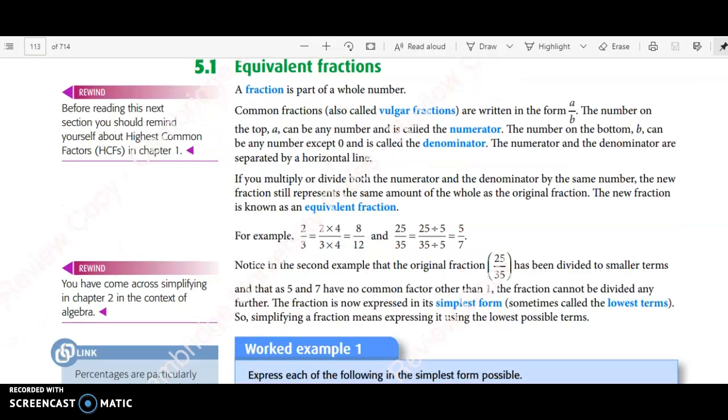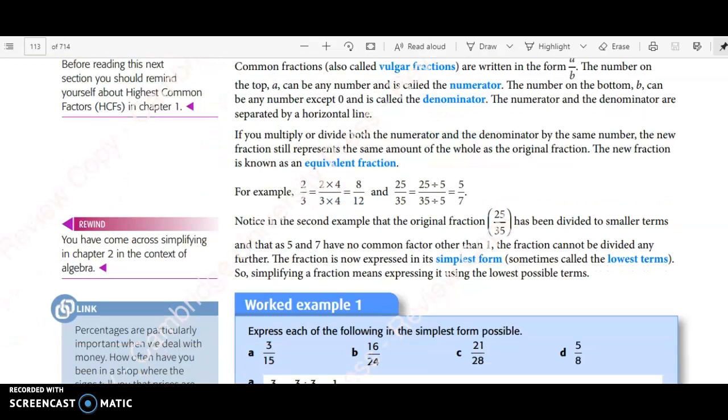Okay. Now, because 25 out of 35 has been divided into the smallest term, then the smallest term is 5 out of 7, and 5 out of 7 cannot be divided by another number except 1. So this one is called the simplest form, or sometimes called the lowest term.